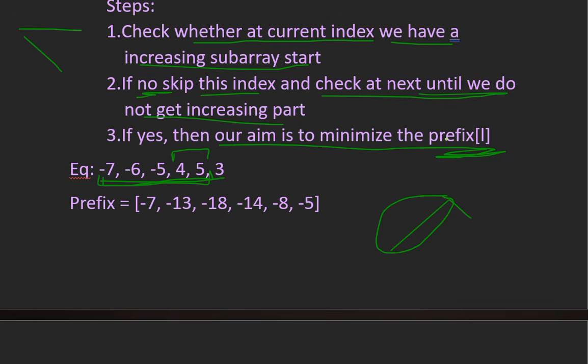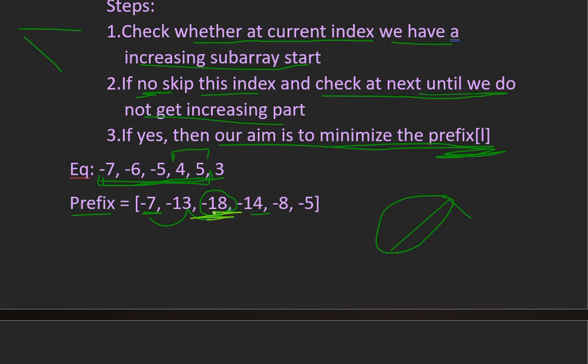For that we have to minimize the prefix of L. If you see the prefix array, here our prefix of L is minus 7, then minus 13, then minus 18. Up to now this is the minimum. Then minus 14, which is greater than our minimum, minus 8 greater, minus 5 greater.